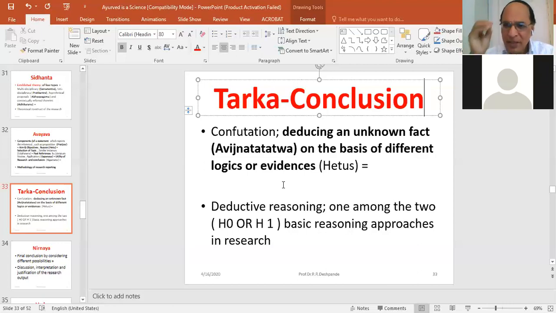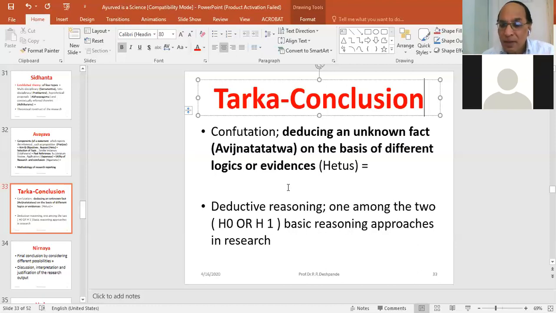So I have proved, my Tark, my conclusion, was that Amrutadi Guggulu is helpful in a big dose. Nearly I had used 1.5 gram, 500 milligram per tablet, 3 tablets 4 times a day. And that is very useful for rheumatoid arthritis patients in the beginning without steroids, because modern doctors always prescribe prednisolone.